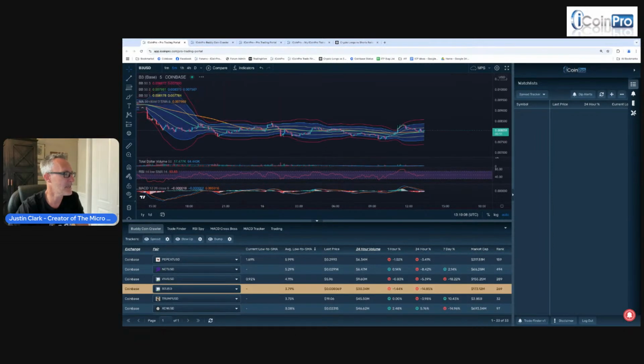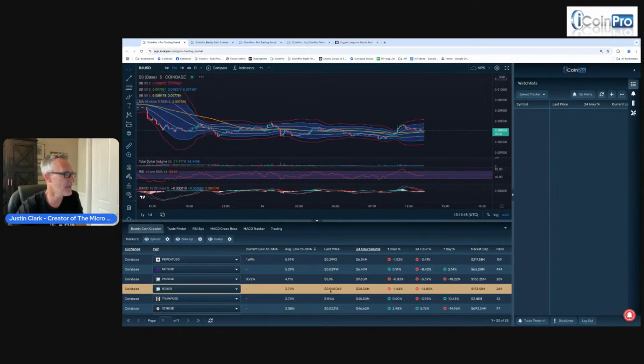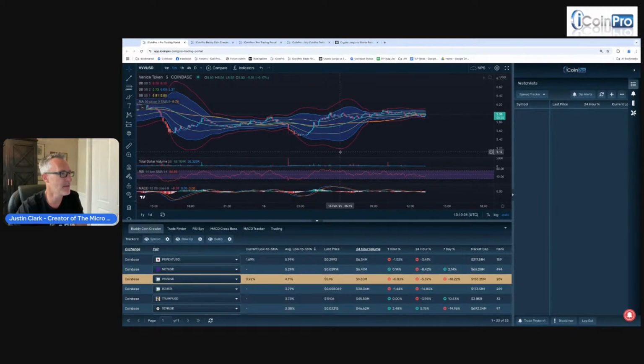This market's tightening up. I have been trading B3, and Trump can be pretty good to trade. Those are pretty much the only two right now that I've got, B3 and Trump, and they're not super, super awesome. VVV I was trading for a long time, but the volume is kind of drying up on that.